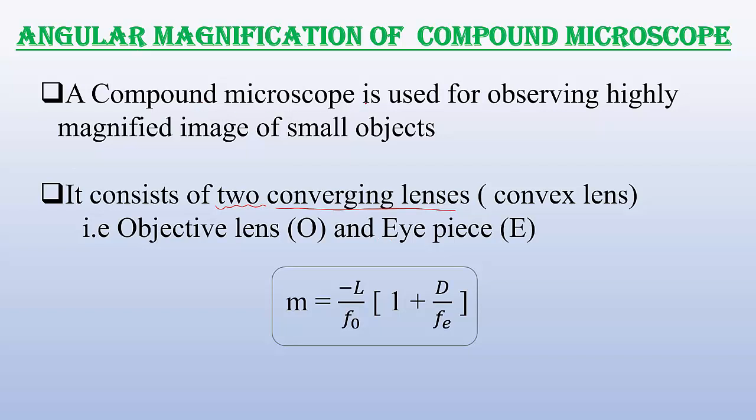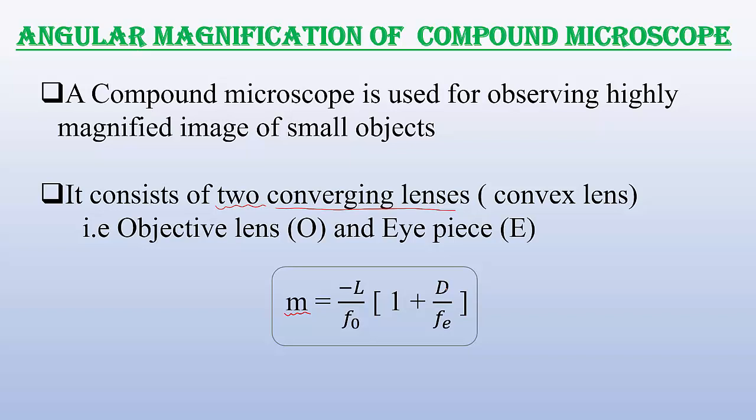And angular magnification of compound microscope is given by the equation m equal to minus L divided by F naught into 1 plus D divided by Fe, where m indicates angular magnification, L indicates length of the compound microscope tube, F naught is focal length of objective lens, Fe is focal length of eyepiece, and capital D indicates least distance of distinct vision.